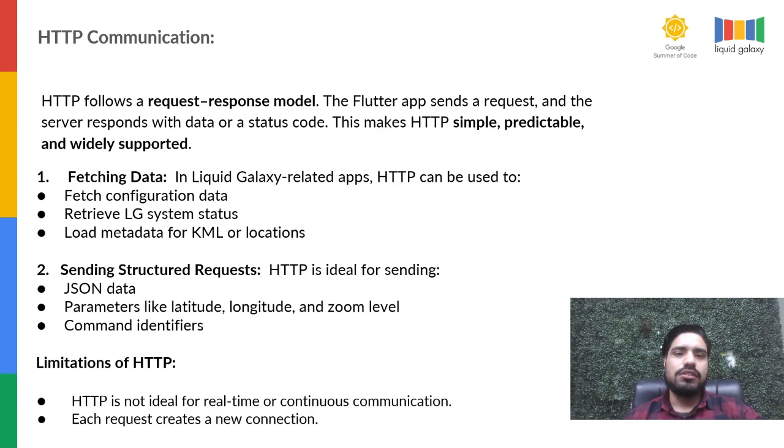HTTP communication is a common method widely used in Flutter applications because with the help of HTTP we execute an API and get a response from that API, either in the form of JSON or a status code. If there is any problem in the API, it gives a status code through which we will know whether our API is executed or not.